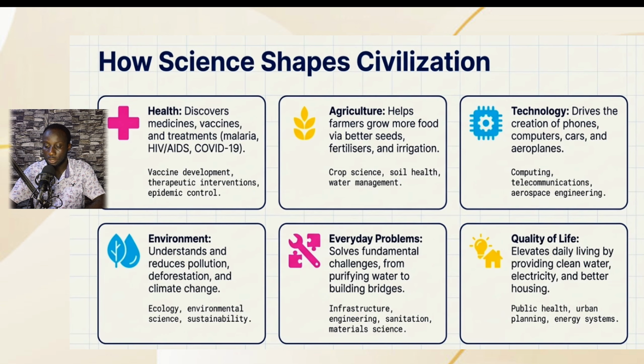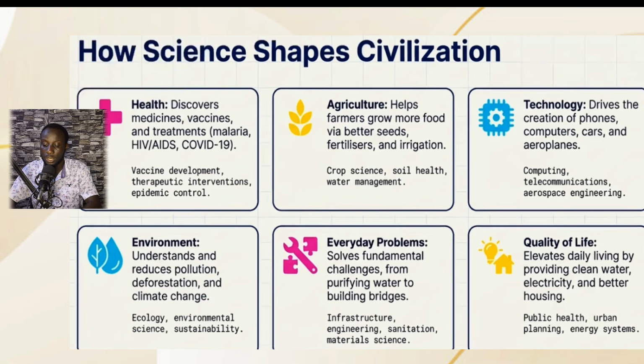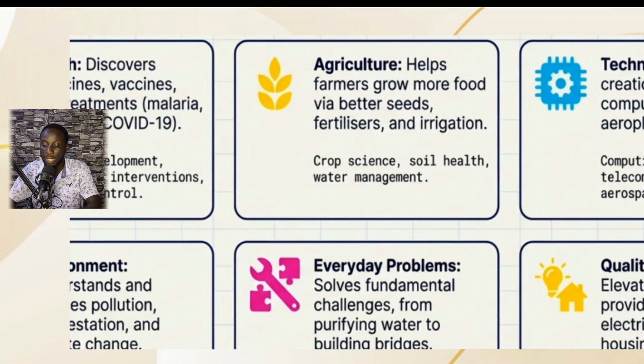Let's come to agriculture. The agriculture aspect helps farmers to grow more food via better seeds, fertilizers, and irrigation. So we have crop science or agriculture, which has helped us to come out with healthy seeds, healthy soil, and even water management in the farming system.